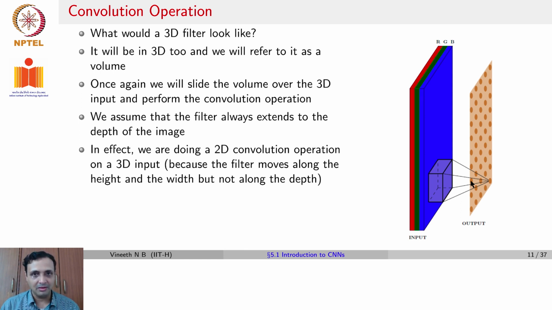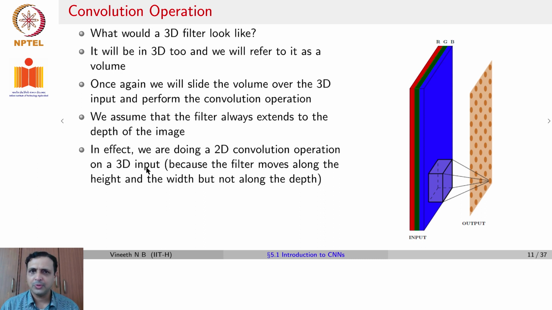One assumption we make here is that the depth of this filter is the same as the depth of your input volume. And this is important. Why is it important? Because the depth of the filter is the same as the depth of the input volume, in effect, we are doing a 2D convolution on a 3D input.